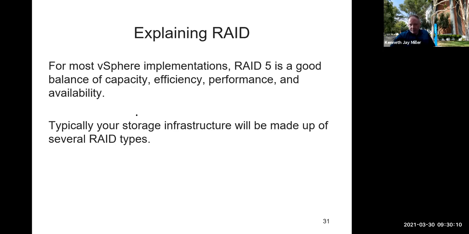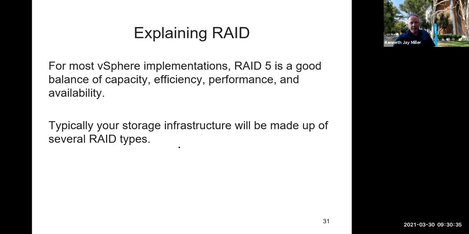Now, for most of what we do in vSphere, RAID 5 is a really good balance. It has capacity, efficiency, performance, and availability. Typically your RAID storage infrastructure will be made up of multiple RAID types.